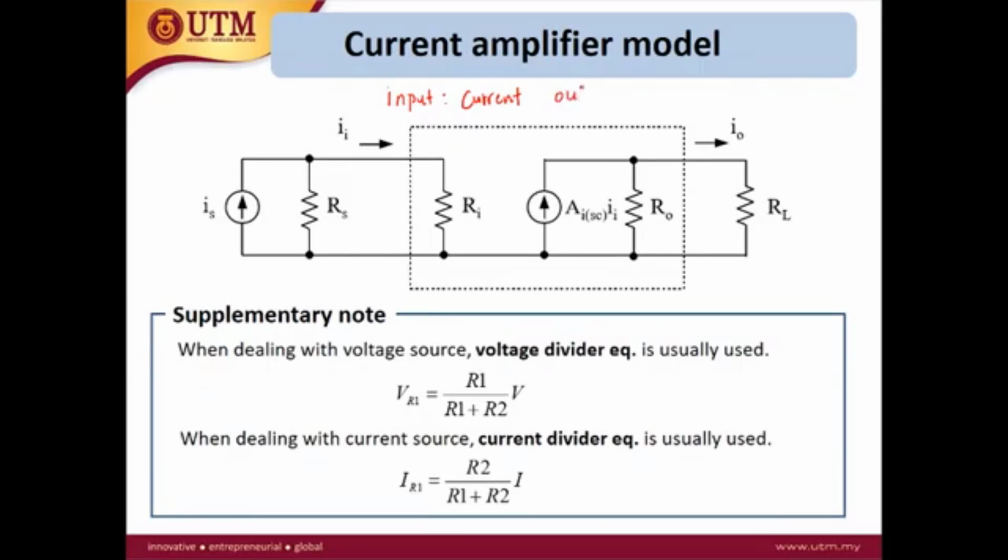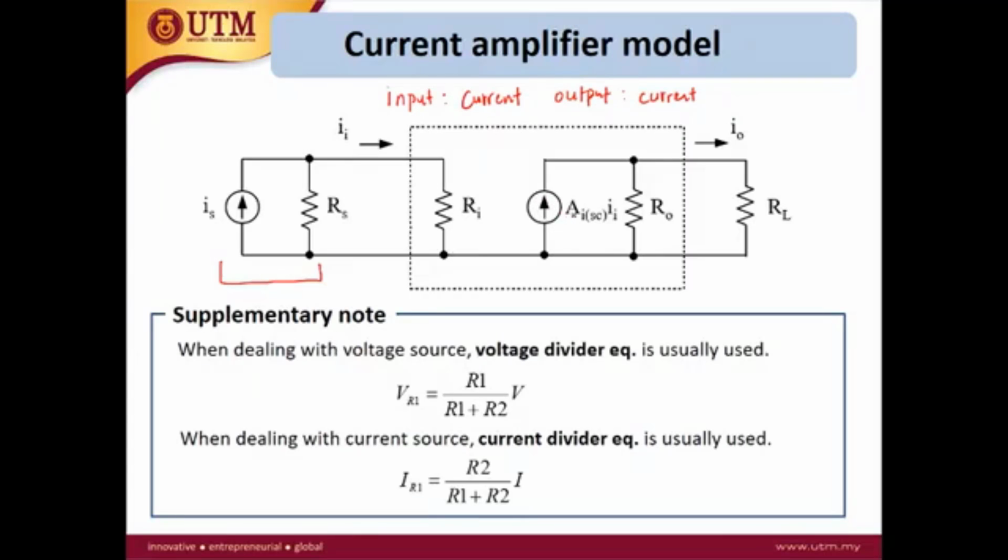Okay, and then the output is current. So if the input is current, we consider the source to be a current source. The current source with the internal resistance will look like this. Same goes with the inside of the amplifier model: instead of using the voltage source, we use the current source.